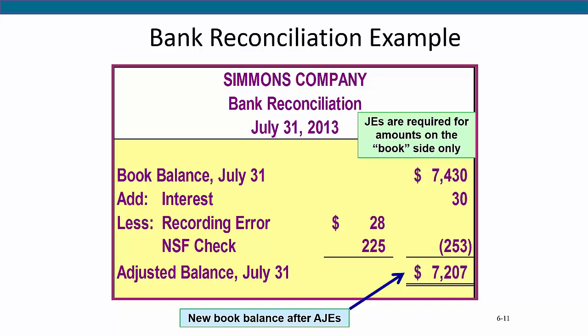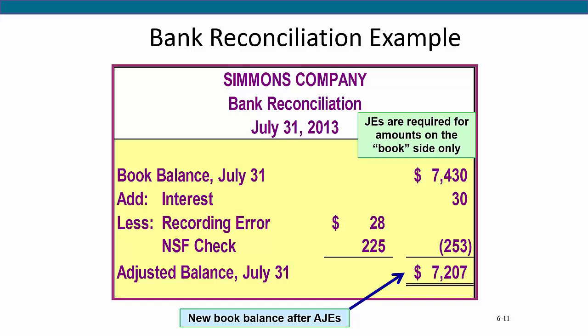The company recorded only $240 for supplies, but actually wrote the check for $268. Think this through carefully. Draw a T account for cash to help you picture it. The company took out $240 from the cash account, but they should have taken out $268. So don't they have to reduce the book balance by $28?